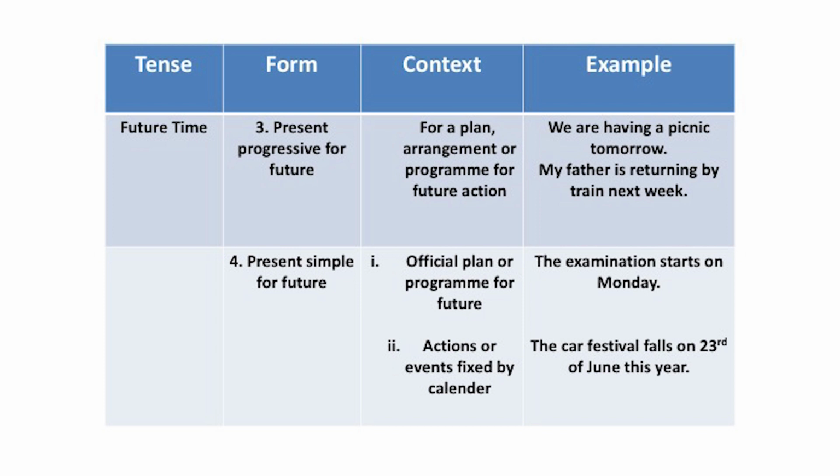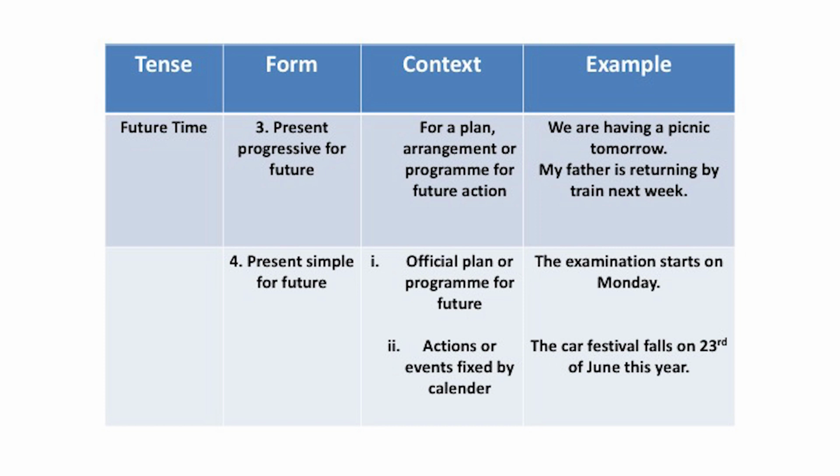Then there is the case of present simple for future, and it is used in the context of official plan or program for future. For official plan, program, examination schedule, in the example, the examination starts on Monday. This is an examination schedule for future.